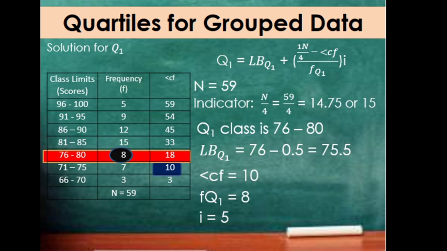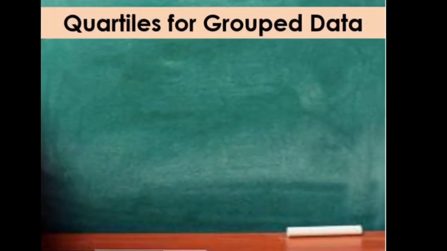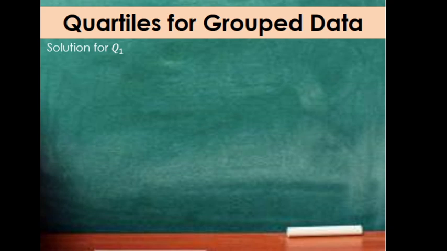Okay, so now that we have identified the values and completed the important components of the formula, we are ready to compute quartile 1. We're going to substitute the respective values of the components of the formula. So this is the solution for quartile 1 or lower quartile.